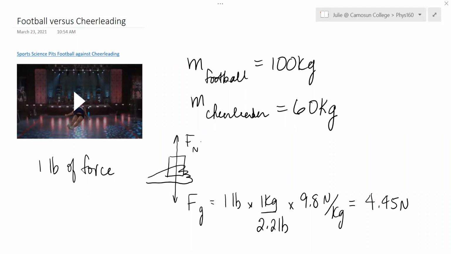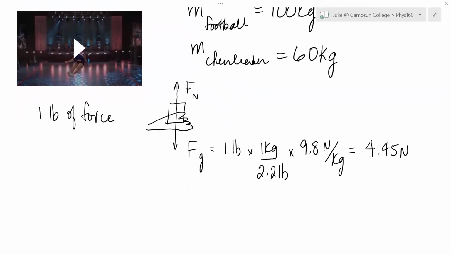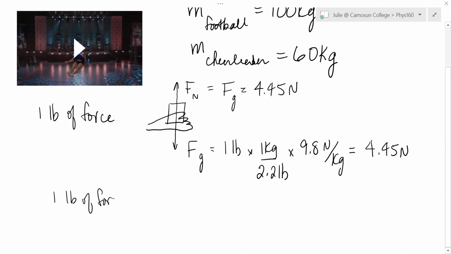And you've also learned that when an object is in equilibrium and stationary, the up forces balance the down forces. So this would be equal to the force of gravity on the pound of butter. And so we have a conversion factor where 1 pound of force is equivalent to 4.45 newtons.